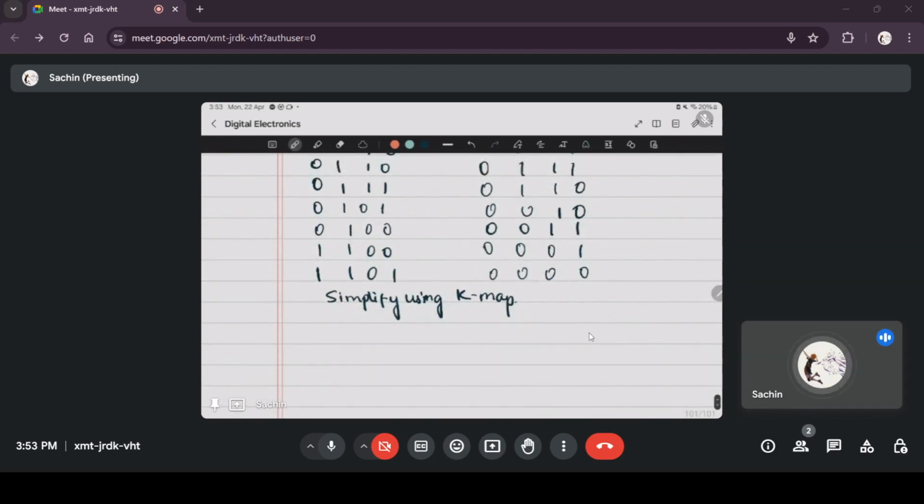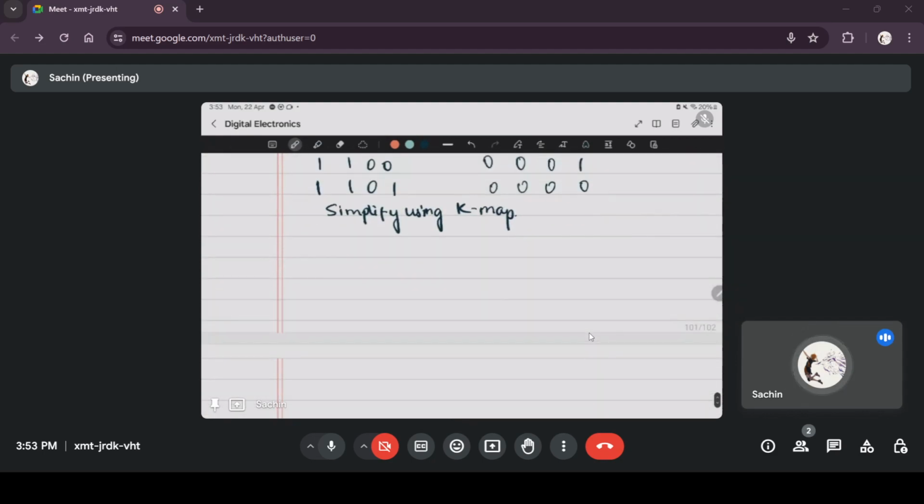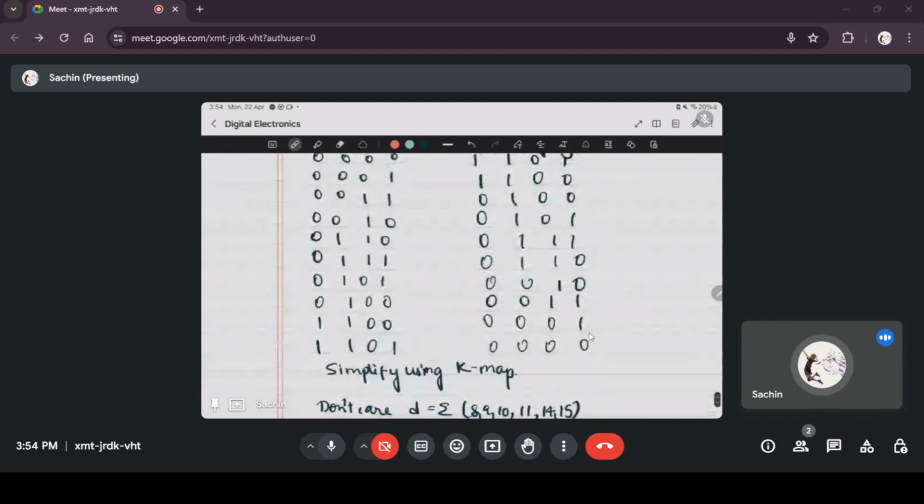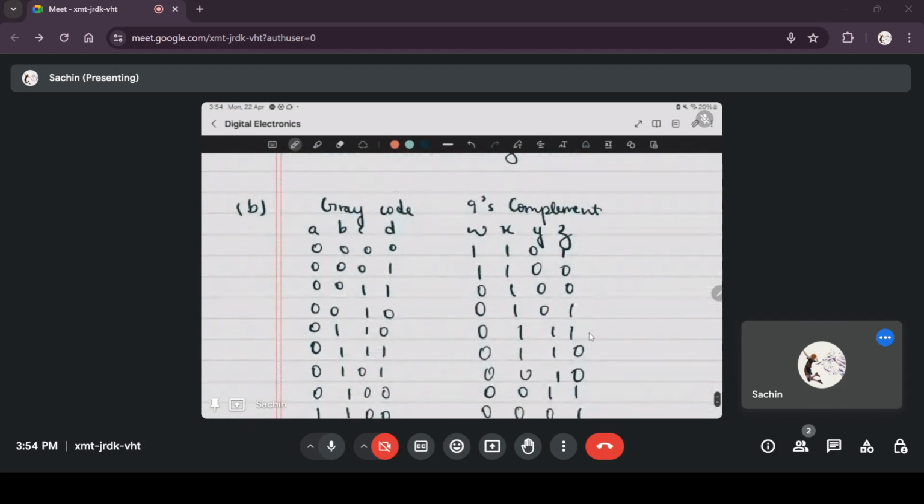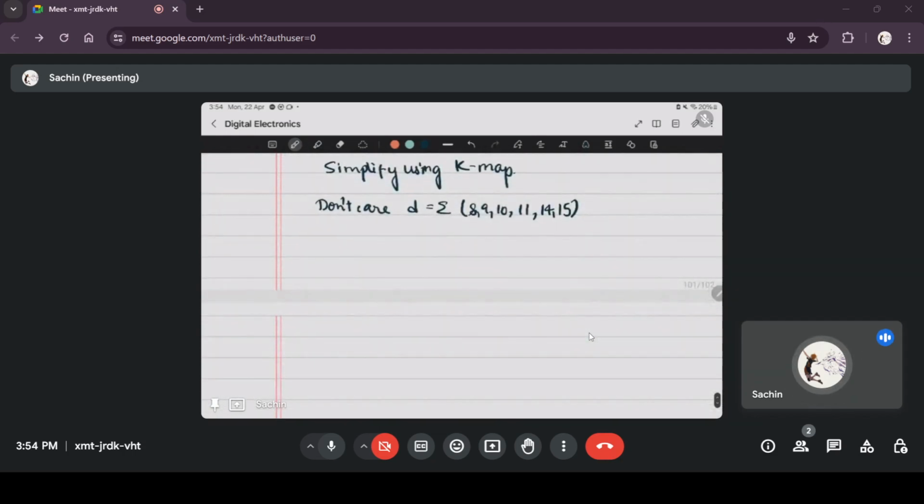So again, you can take don't care 8, 9, 10, 11, 14, and 15. These combinations don't appear in this table on the gray code side. So those are all don't cares.